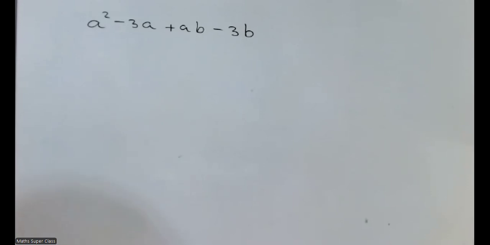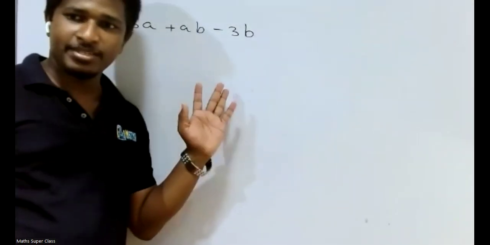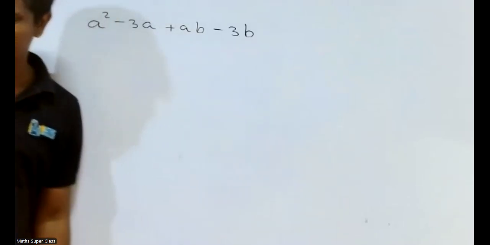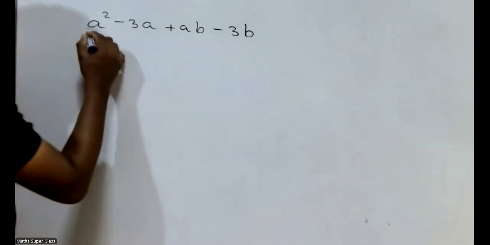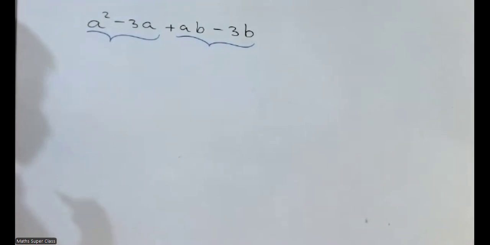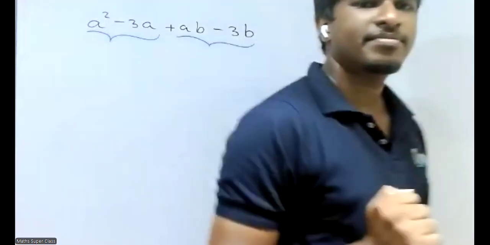If you miss these kinds of lessons, we can't cover these parts. These are a little bit difficult. This is not difficult. Okay, so we can break this into 2 parts.